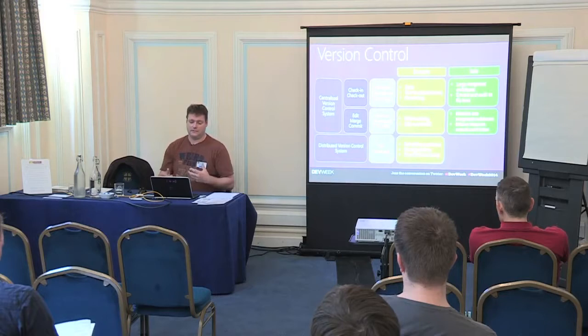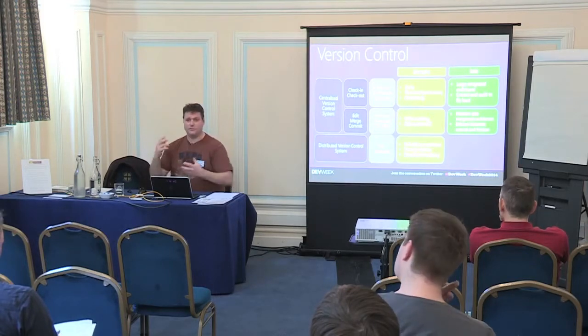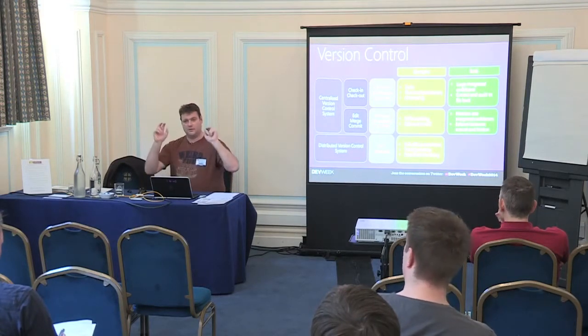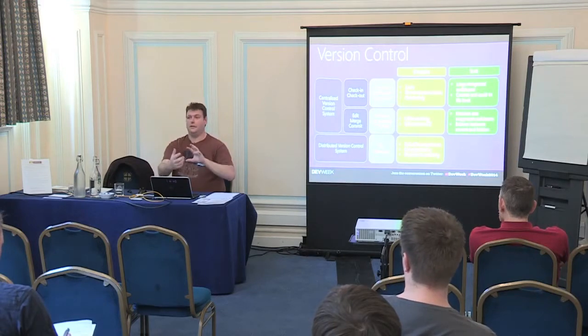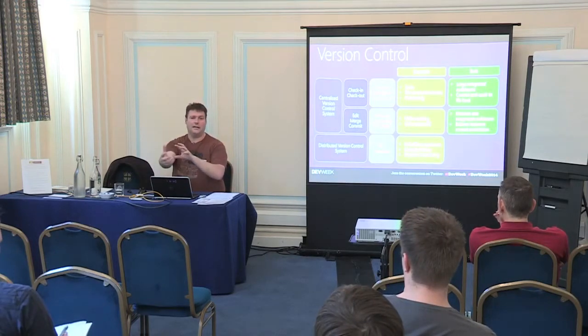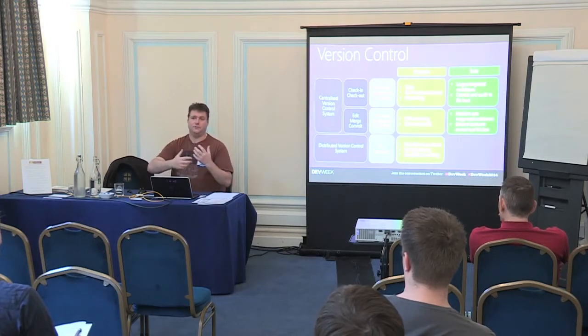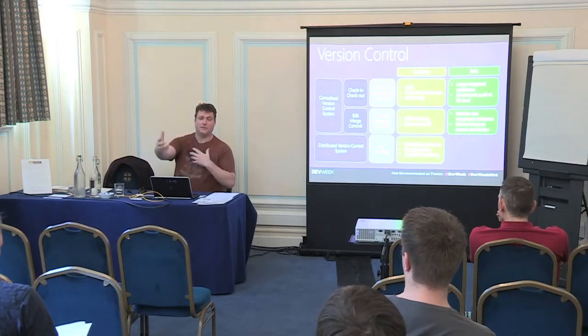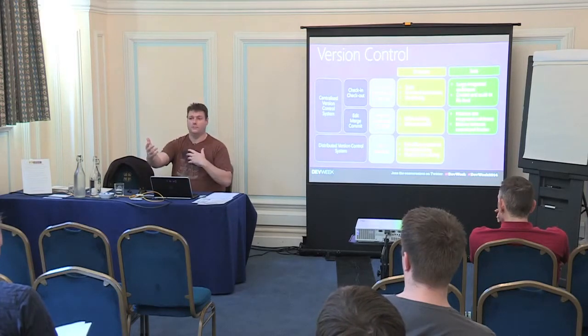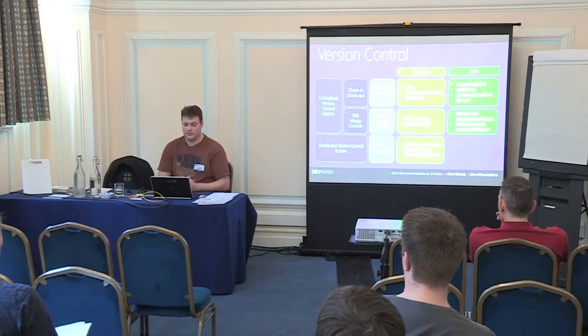But the difference is that it's a totally different concept. So there is no master copy that's kept on a network server somewhere. You've got the entire repository locally, and you choose when and if to synchronize that with another repository in some way. So it's a totally different approach.